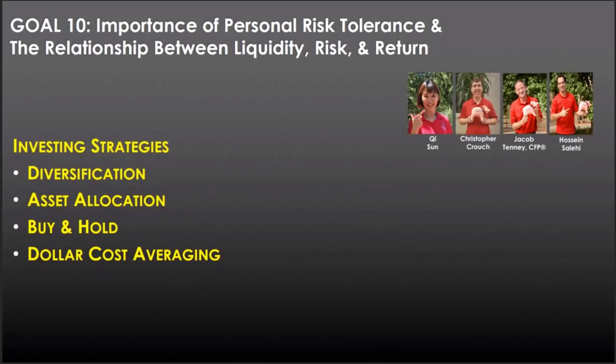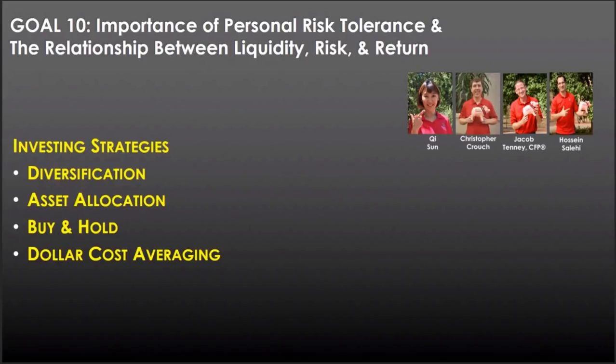That would be asset allocation. A buy and hold strategy is exactly what it sounds like. You buy an investment and you just hold it until you get ready to sell it off at retirement. This was popular back in the earlier years of investing. It hasn't been as popular lately.